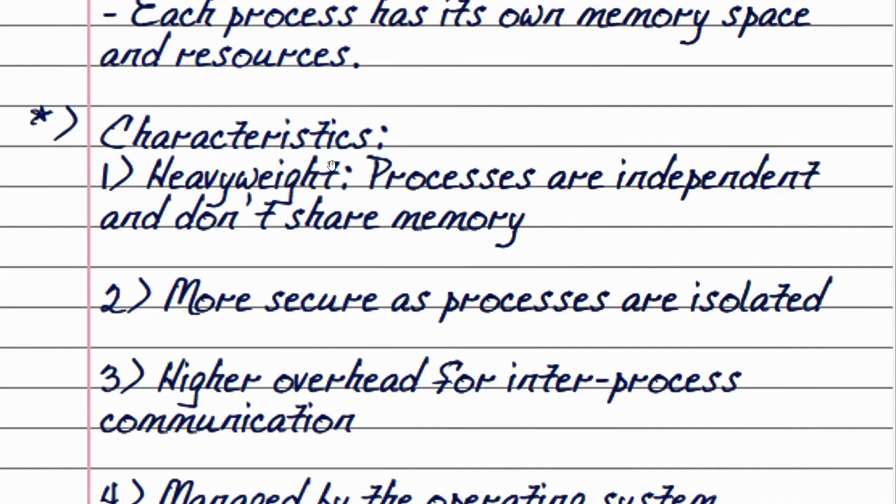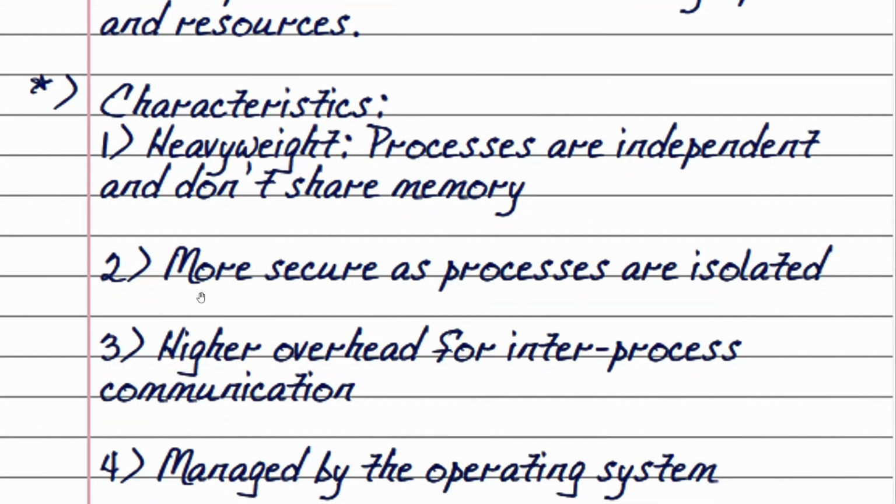Now let's see some characteristics of process-based multitasking. First is heavyweight. That is, processes are independent and do not share memory. As I discussed in the example, the processes are independent of each other and they do not share memory with each other. Second point, more secure, as processes are isolated.